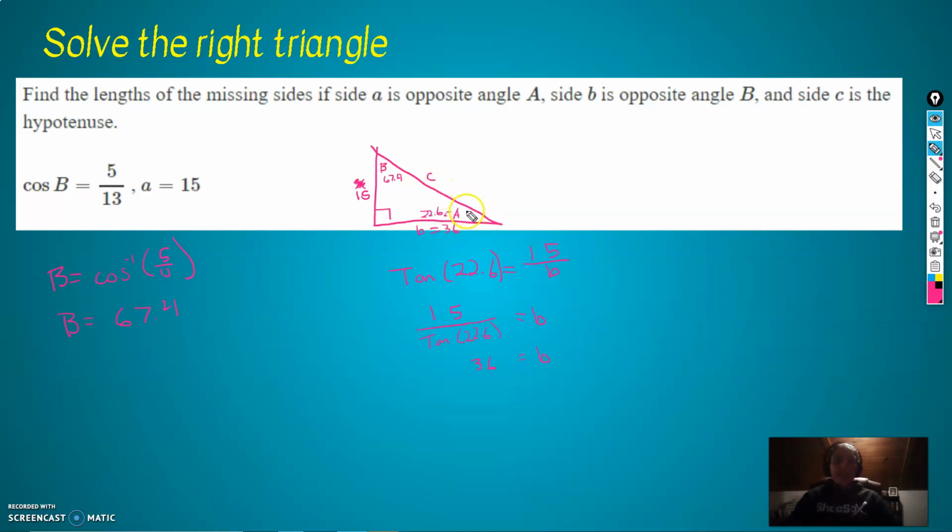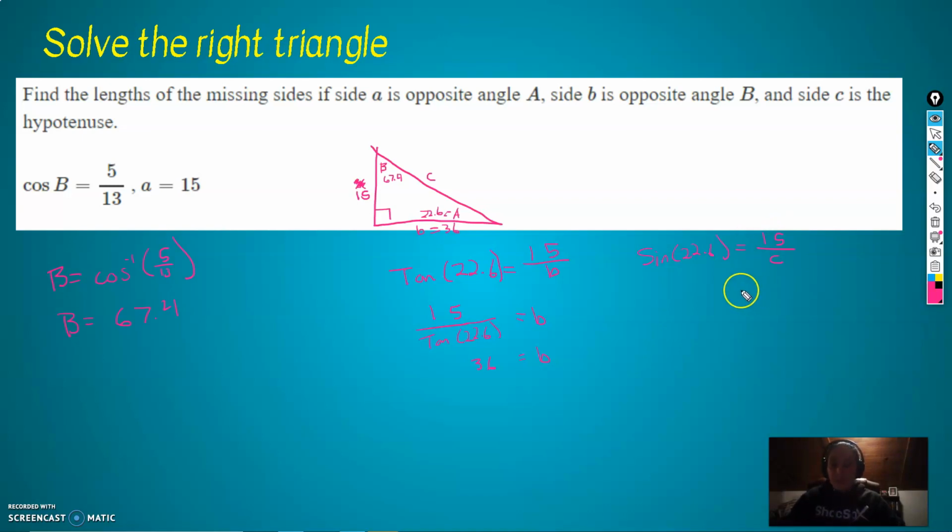Now to find side c, we could use Pythagorean theorem, but I'm going to stick with the trig. There are many different things that you could do here. I'm going to use this angle again, and I'm going to use opposite over hypotenuse. So that would bring me to sine 22.6 equals opposite, which is 15, over hypotenuse, which is c, which I don't know.